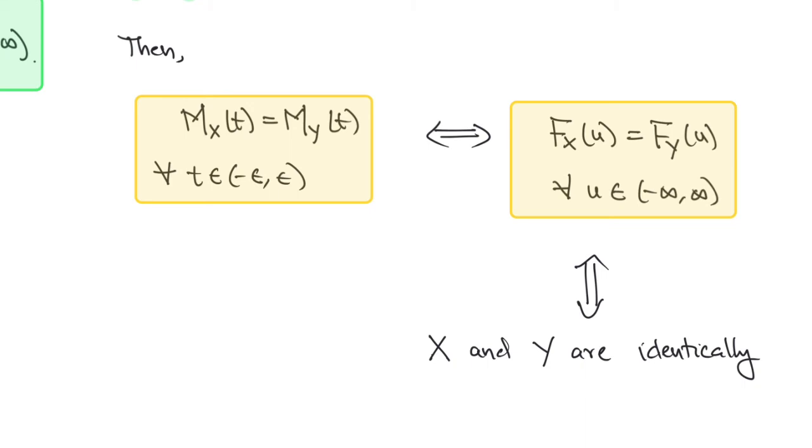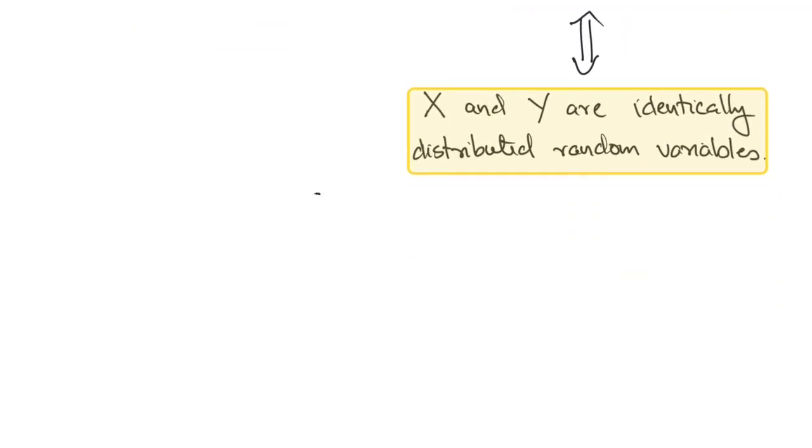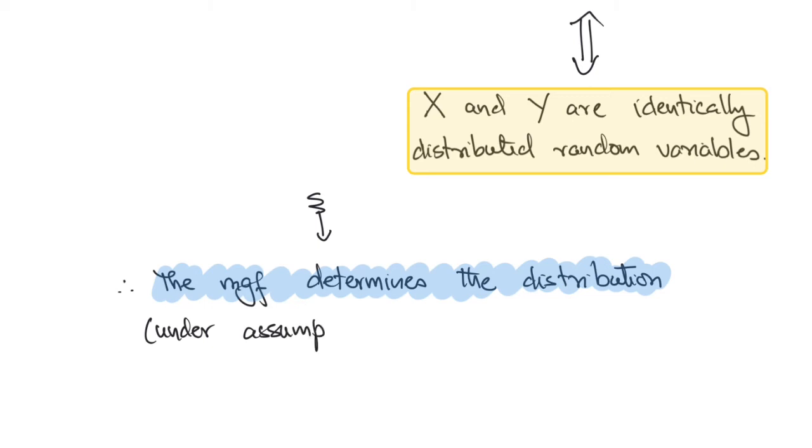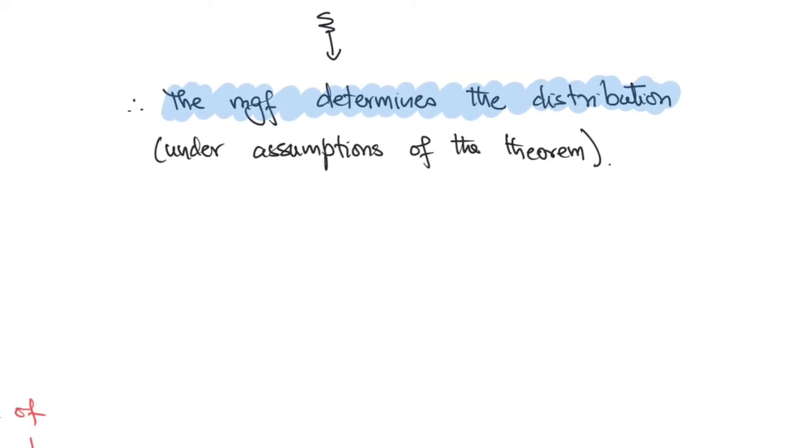And this is equivalent to saying that X and Y are identically distributed random variables. This theorem says that the moment generating function completely determines the distribution of the random variable X, of course, under the two important assumptions stated above.